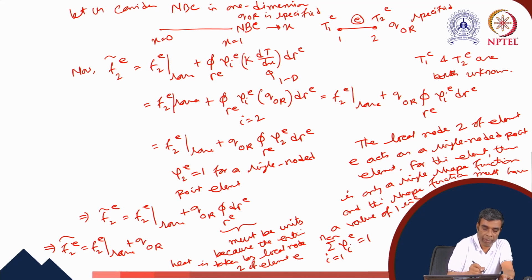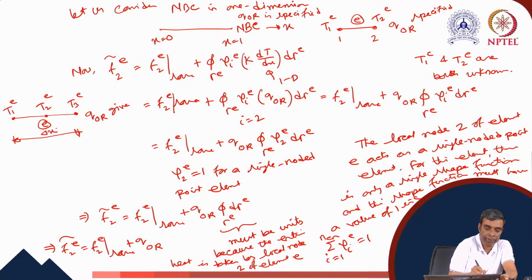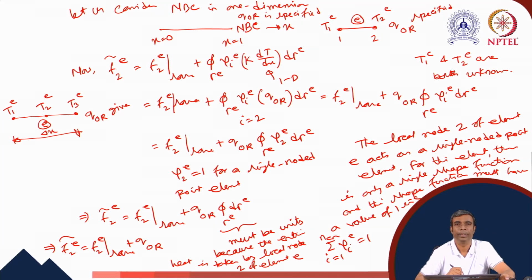Now, if we have a quadratic bar element for the NBC problem, in that case we have Q0R given, this is T1E, T2E, T3E, this is element E, this is delta X. Now, the heat flux at local node 3 does not affect the load vector for local nodes 1 and 2.